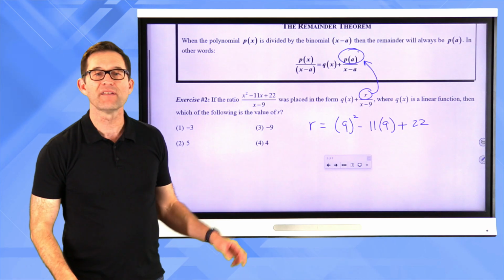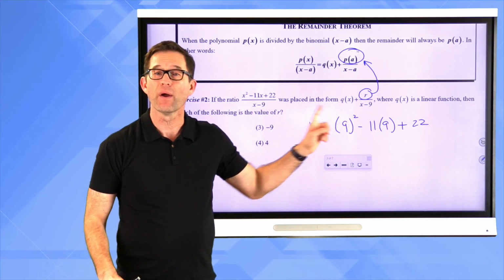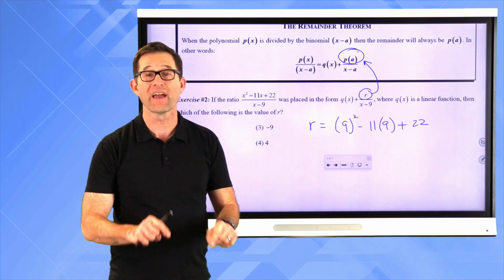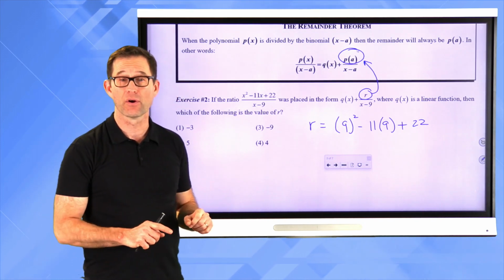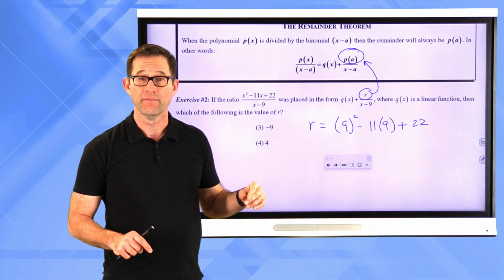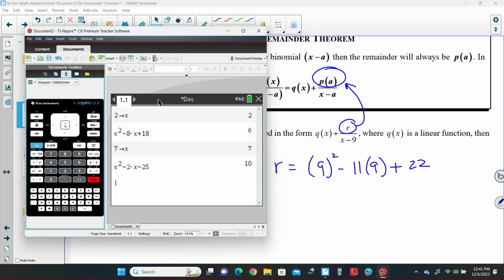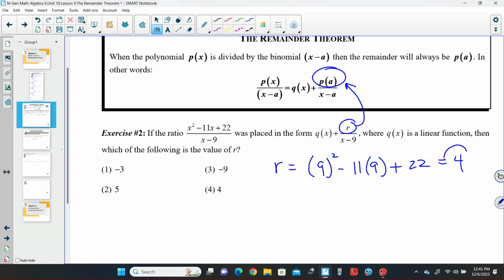So if I literally take the numerator, x squared minus 11x plus 22, and I evaluate it at x equals 9, not x equals negative 9, and you can bet they put a choice in here that represents that, then I'm going to get the remainder. So 9 squared minus 11 times 9 plus 22 looks like my remainder must be equal to 4.